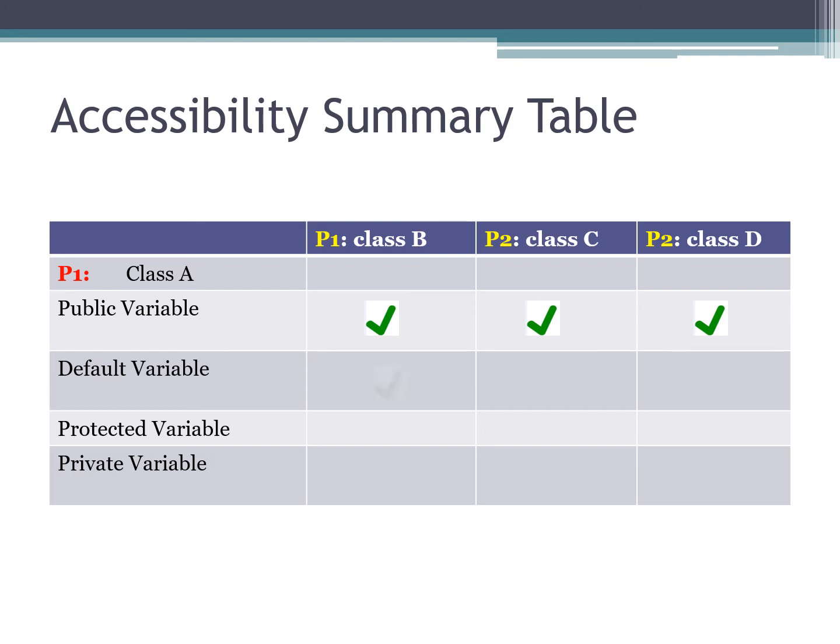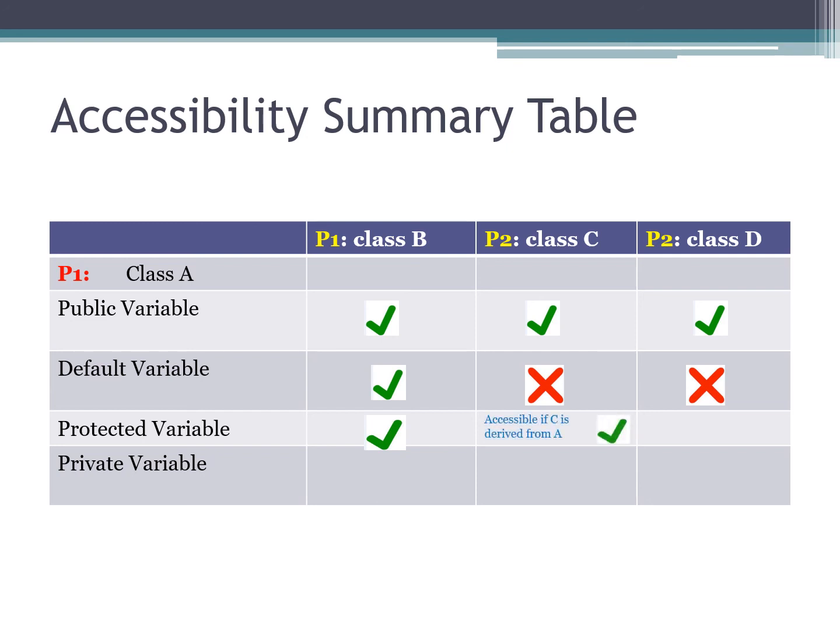The default variable is accessible in class B, which belongs to the same package as class A's declaration, but it is not accessible in classes C and D, as both these classes belong to a different package as compared to package P1. A protected variable is accessible in B, as they belong to the same package.